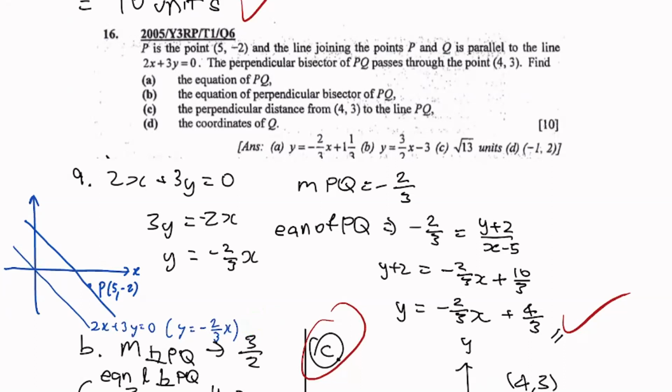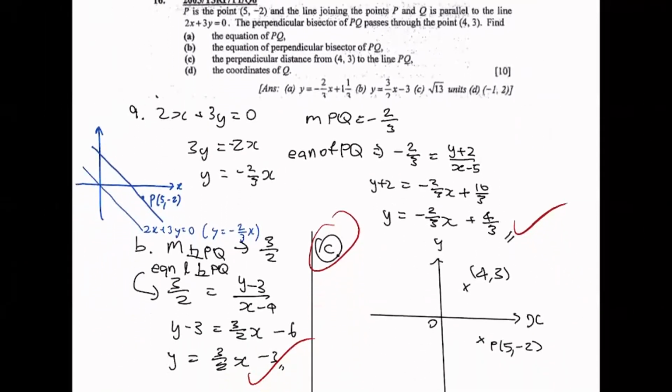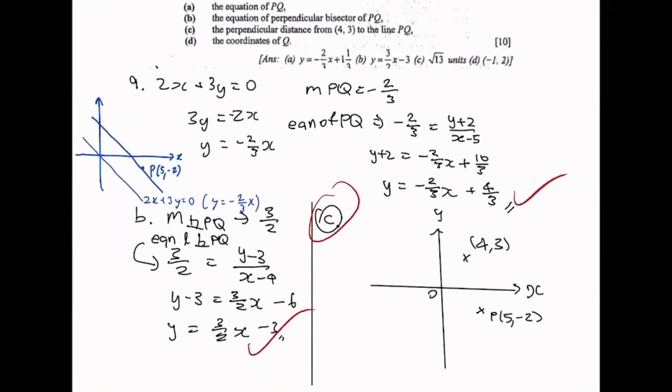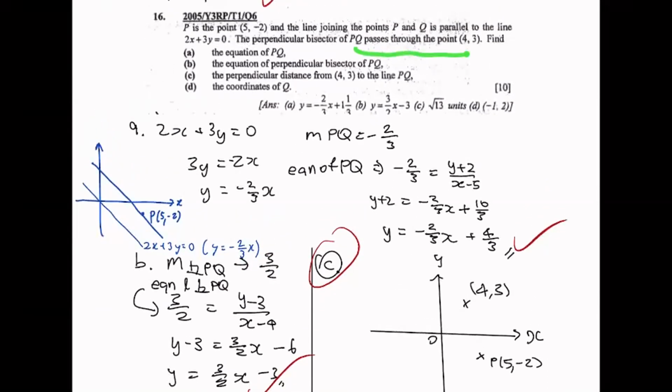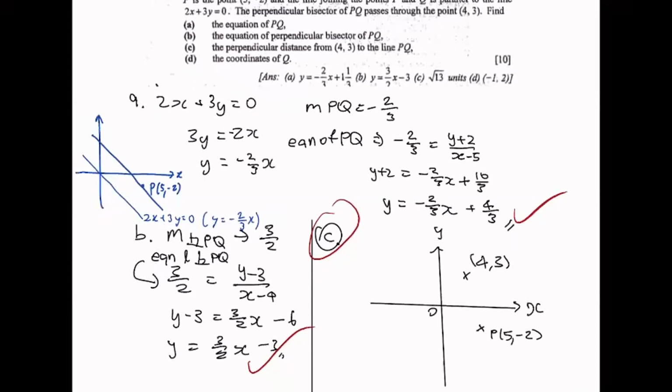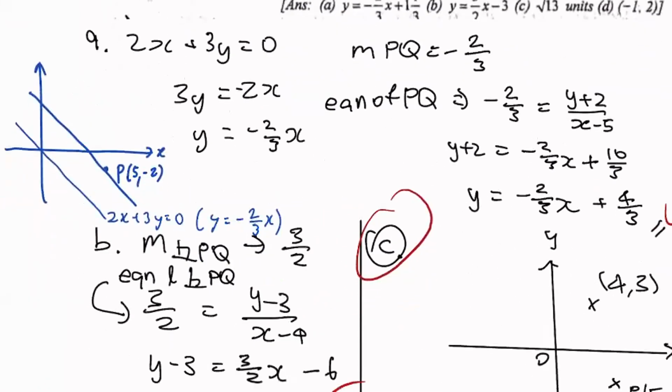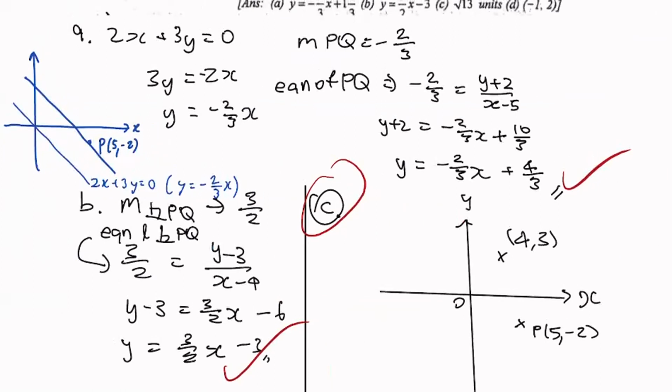Then the equation of the perpendicular bisector of PQ, how did you do it? Gradient of PQ, 3/2, and it passes through the point 4 comma 3. Okay. Then you can get the gradient, you can get the equation of that line. Here is 3/2 x, so it's positive 1.5 and passes through negative 3.